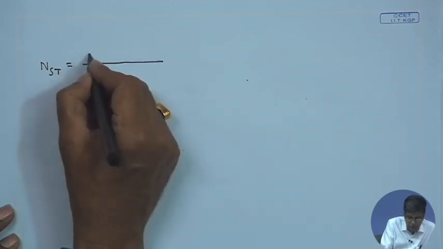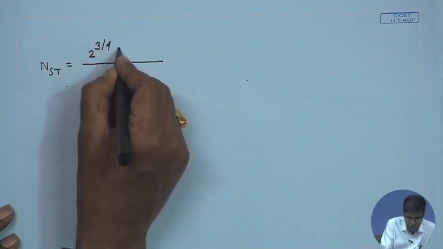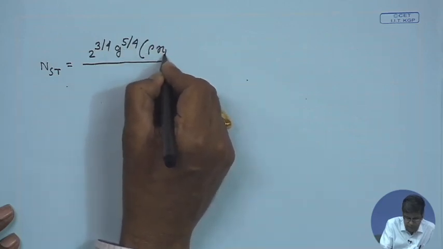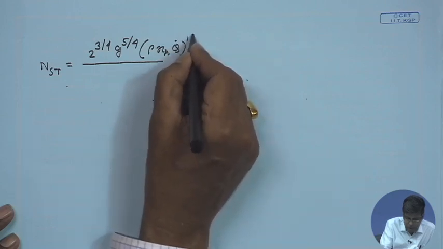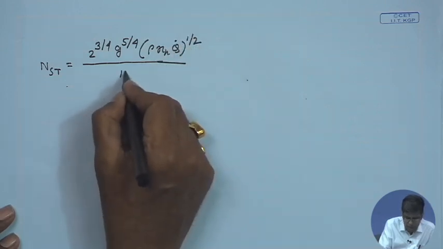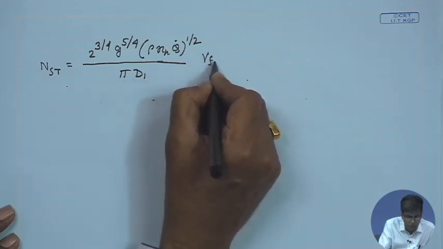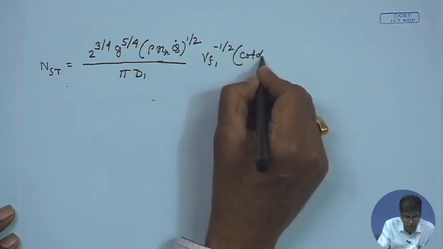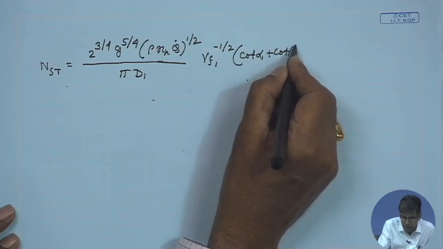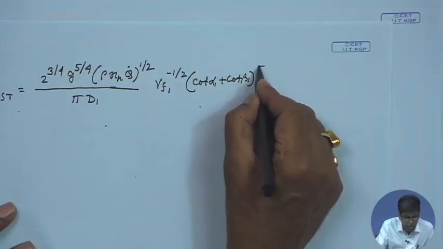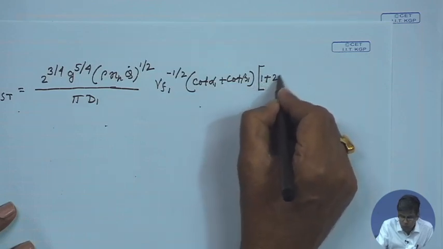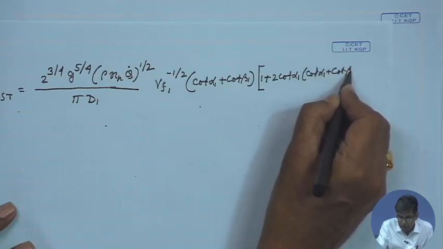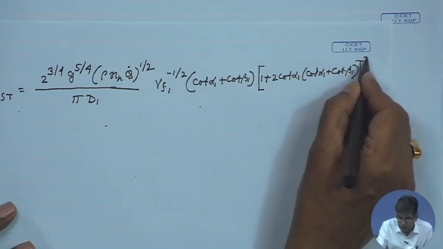It is simple algebra. 2 to the power 3 by 4, g to the power 5 by 4, rho eta H in terms of Q dot half, divided by pi d1, Vf1 to the power minus half, cot alpha 1 plus cot beta 1 into 1 plus 2 cot alpha 1 plus cot beta 1 to the power minus 3 by 4.